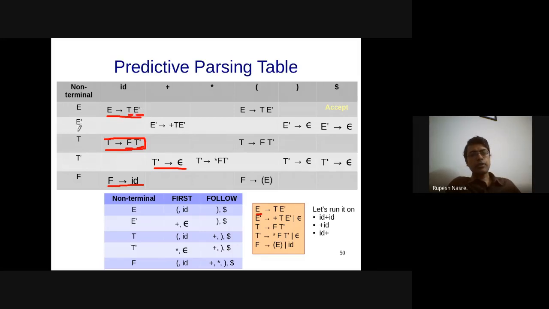From E prime on plus, we have not yet consumed plus, so we have E prime deriving plus T prime, and so on. Finally it is going to give you exactly the same syntax tree as we had constructed for top-down parsing a few slides ago.